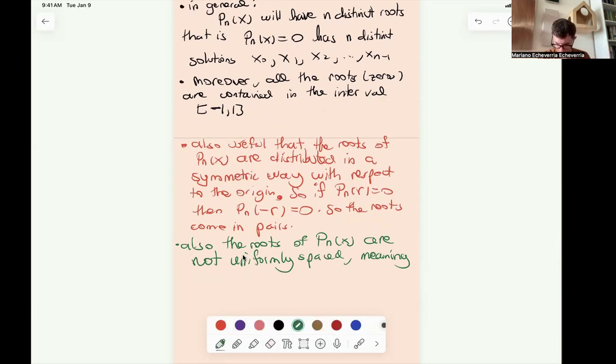In fact, the roots accumulate near the endpoints -1 and 1.